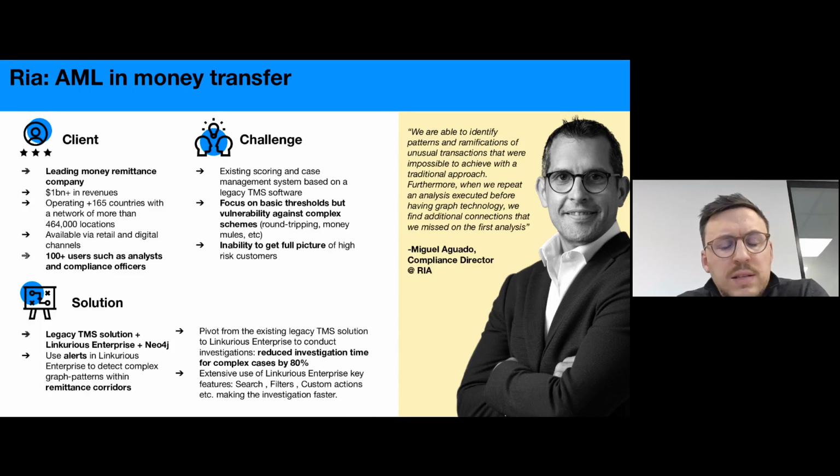Their challenge is that they were focused on basic thresholds, but this generated some vulnerability against complex schemes like round tripping and money mules.